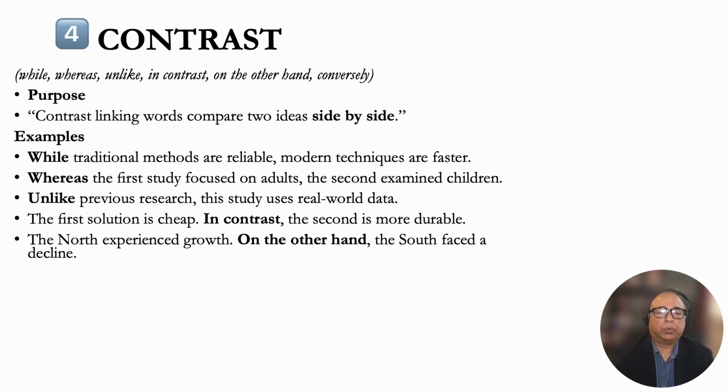So some examples are: while traditional methods are reliable, modern techniques are faster. Now, we can talk to somebody from across the oceans in real time. WhatsApp, just one phone call, right? In the past, we used to use rotary phones and it took forever to connect. Whereas, unlike, in contrast, on the other hand. Okay?